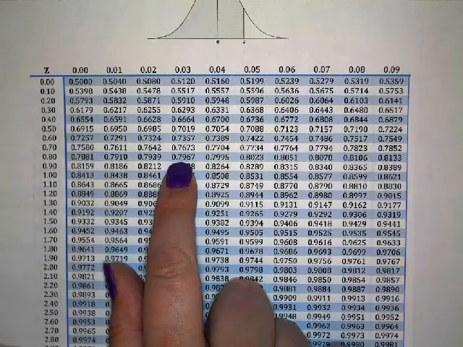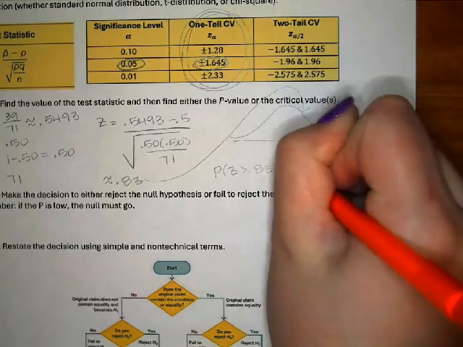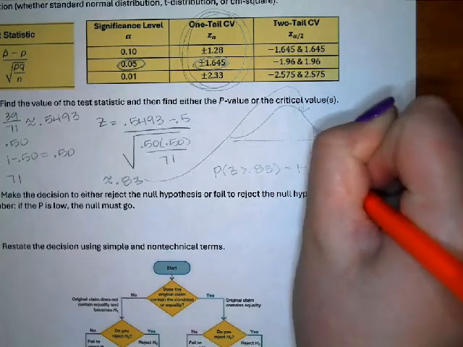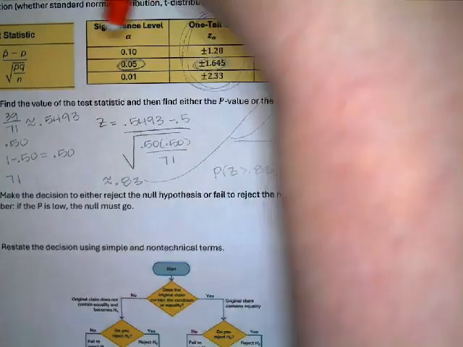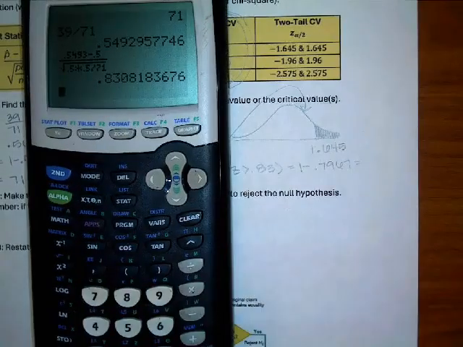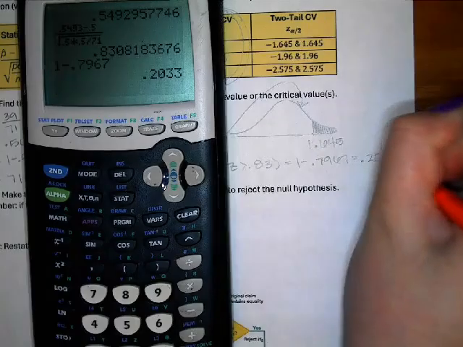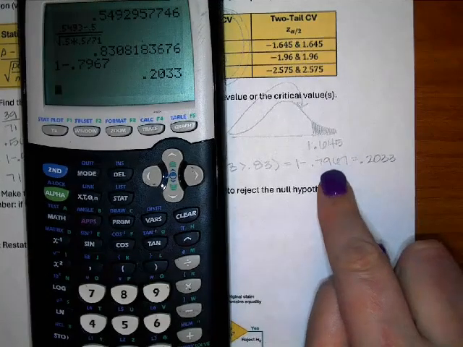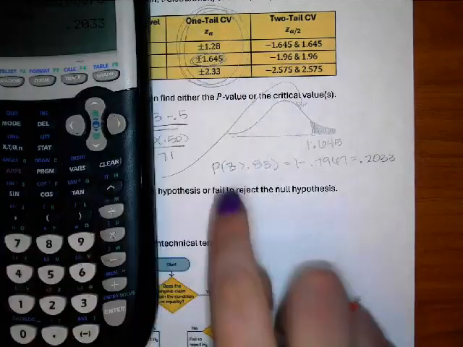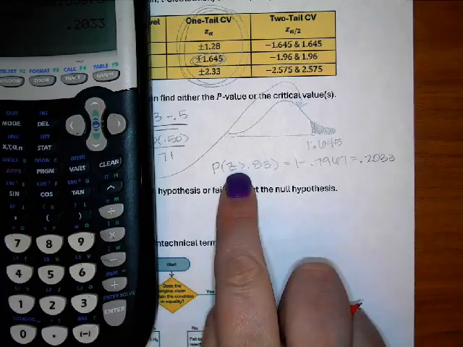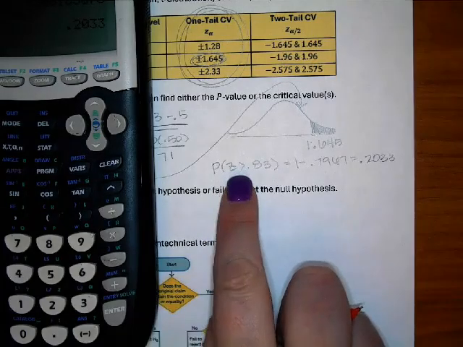So 1 minus 0.7967 is 0.2033. So again, 0.7967 is actually the probability that z is less than 0.83. So to make it the probability that z is greater than 0.83, I needed to do 1 minus. I needed to find the complement.